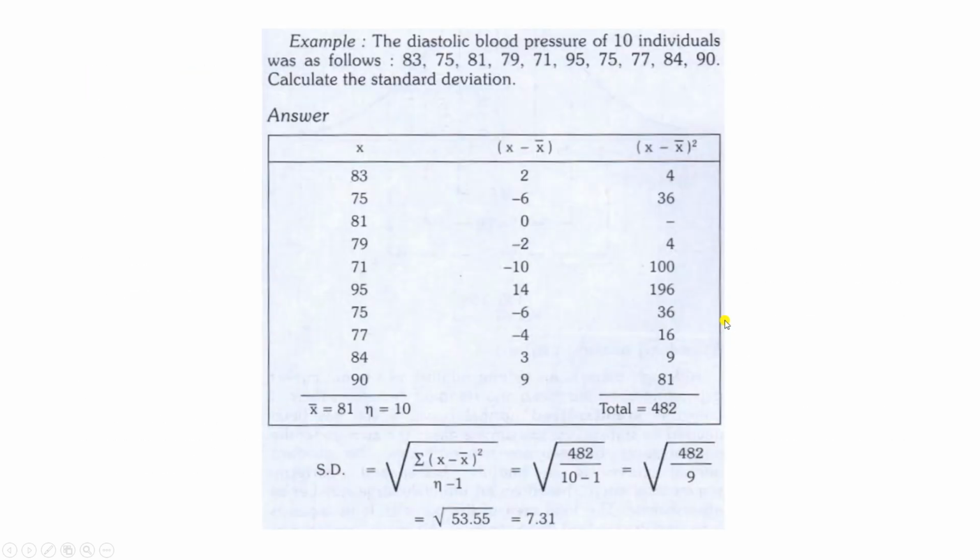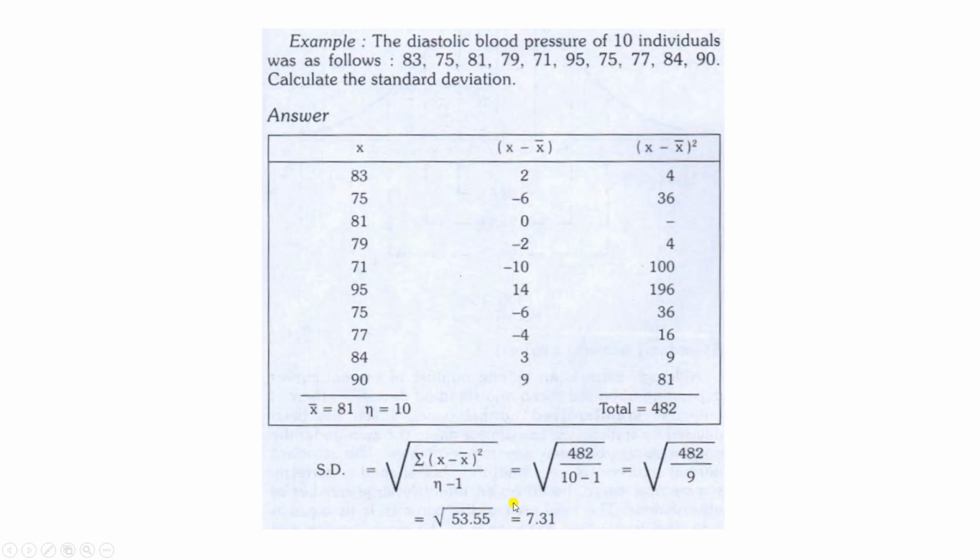First of all, let me remind you what standard deviation is, from this table. Suppose it's not 10 individuals, but 10,000 individuals, a huge sample. After calculating the mean value, we got a mean of 81 and a standard deviation of 7.31.